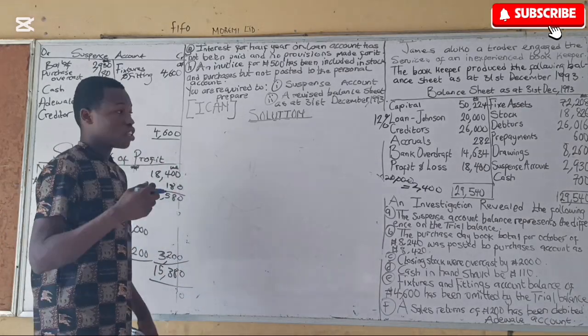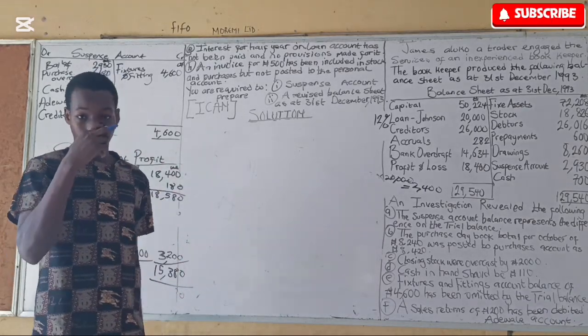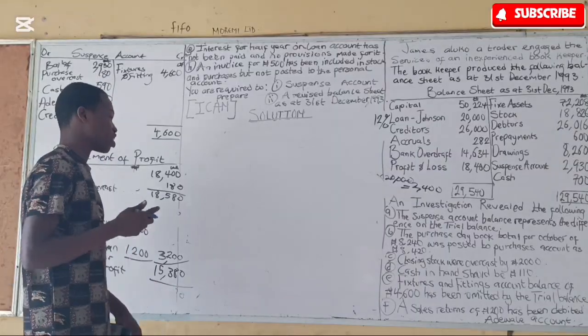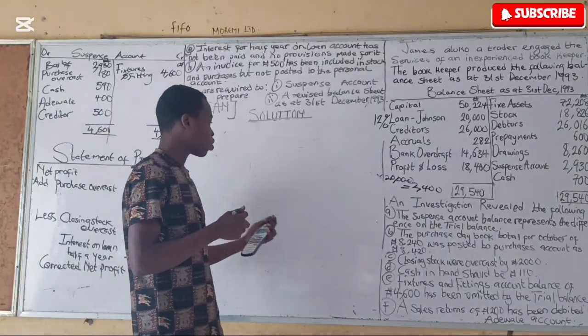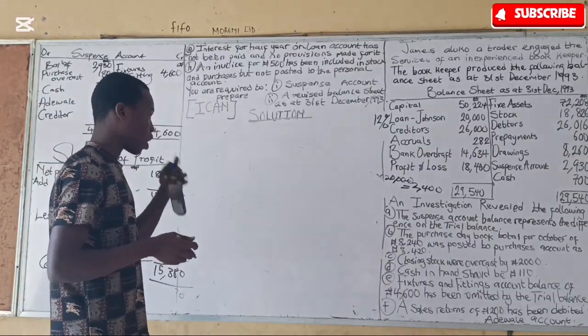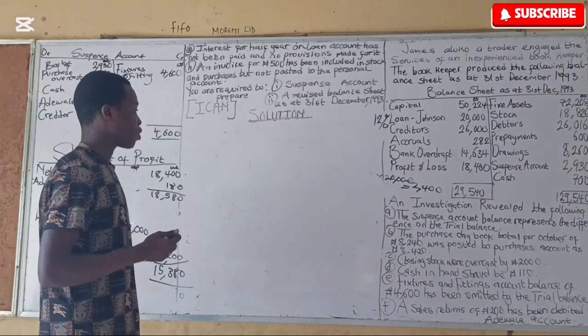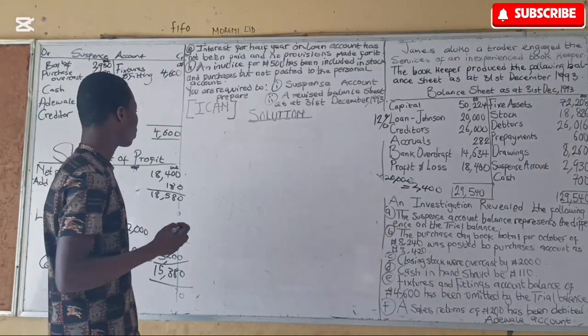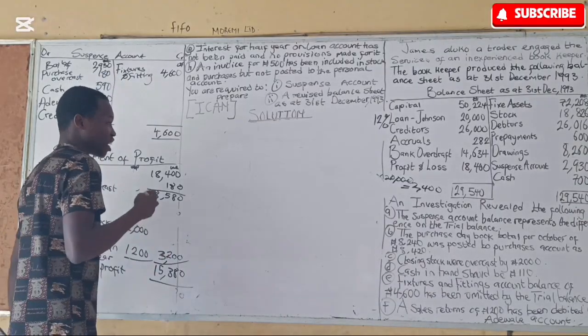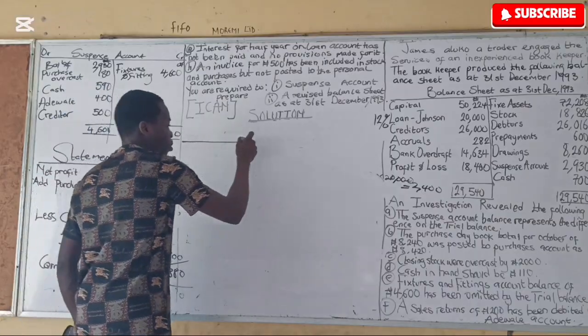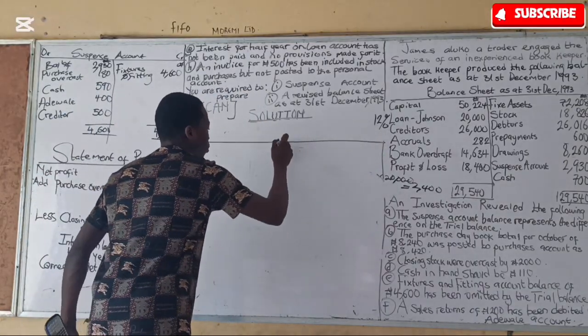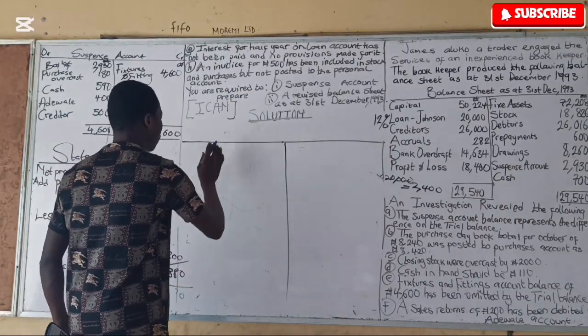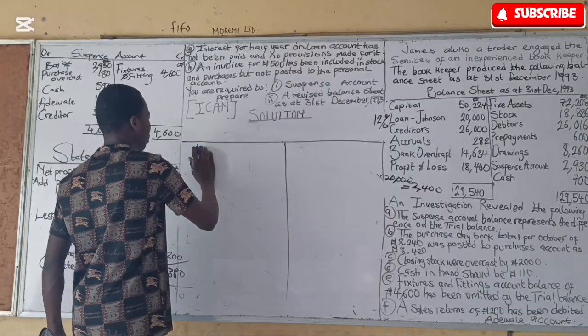So the last part. Now, in our institution, we use vertical format for the balance sheet. But in order for us to save enough space, here we are going to use the T format. Do you get my point now? In your exam, use your vertical format as a higher institution student. But we need to manage the space we have here, so I'll be using T format.